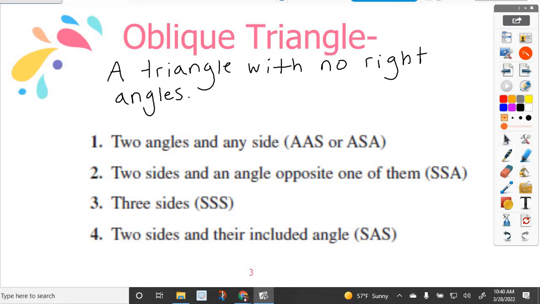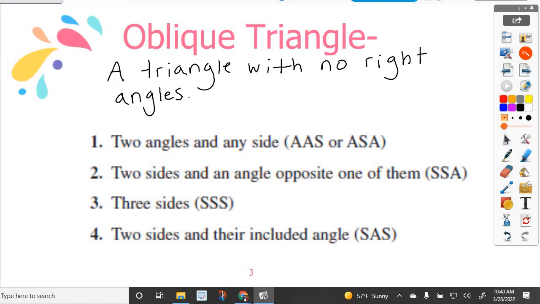So hopefully we remember from geometry our different cases for congruency, like side, angle, angle, side, angle, all of those things. So we have angle, angle, side, or angle, side, angle. Both of those are previous congruency properties.